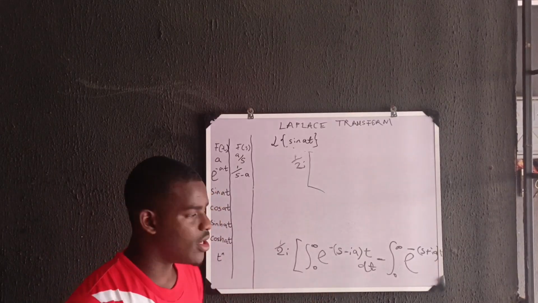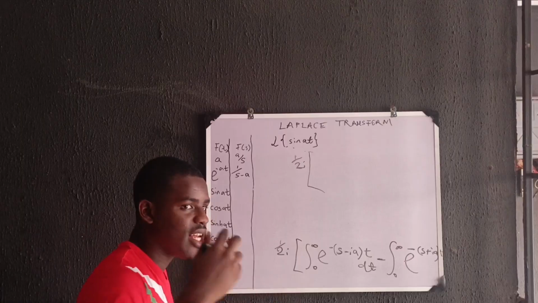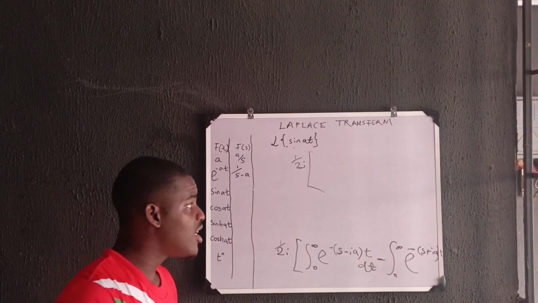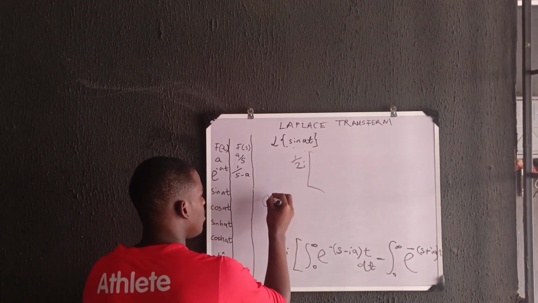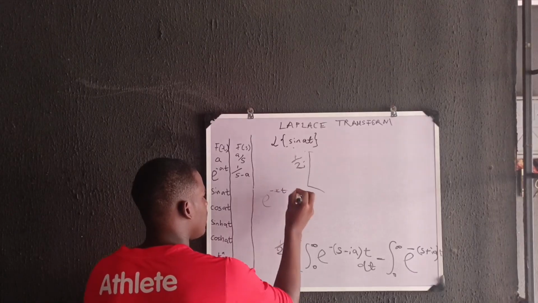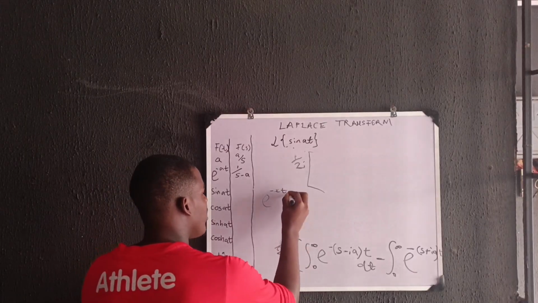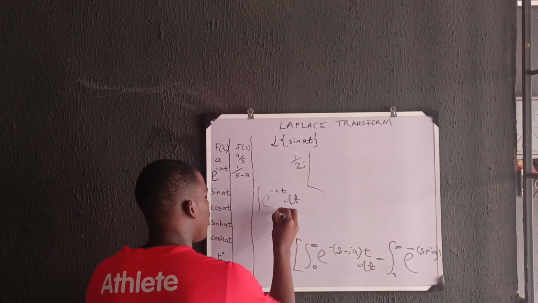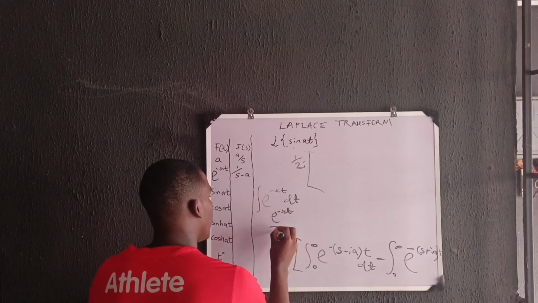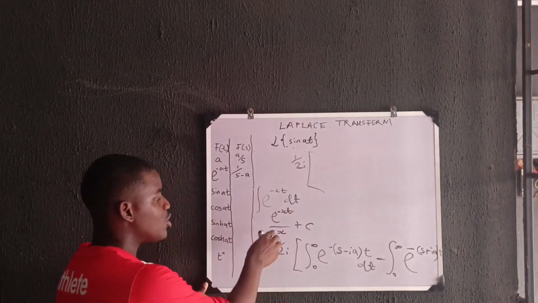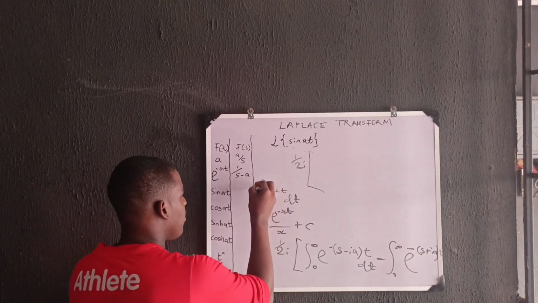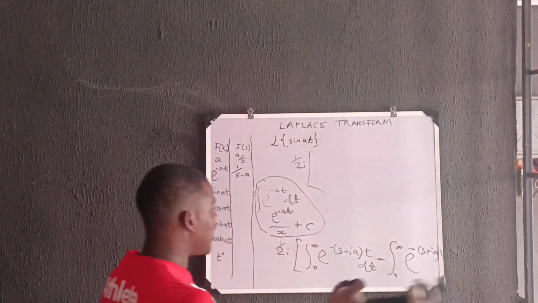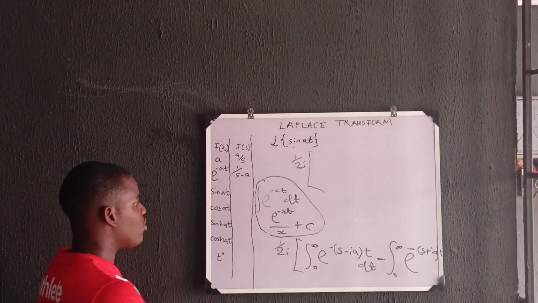I hope we all know how to integrate exponentials. When you have the integral of an exponential, you're going to have e to the power of minus xt all over minus x, plus c. Mind you, this is what you're going to have. So let's move forward.